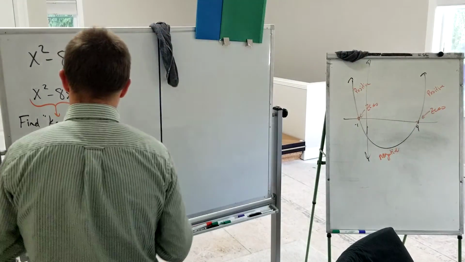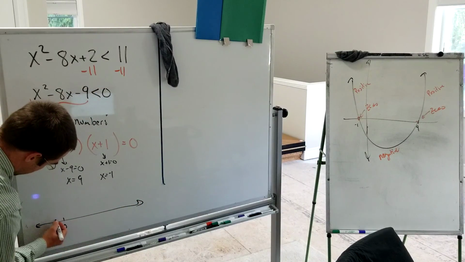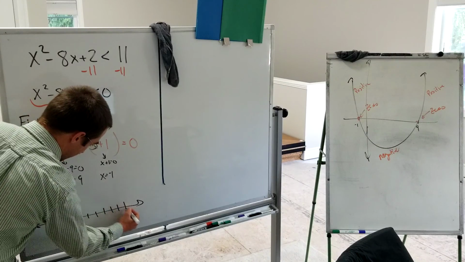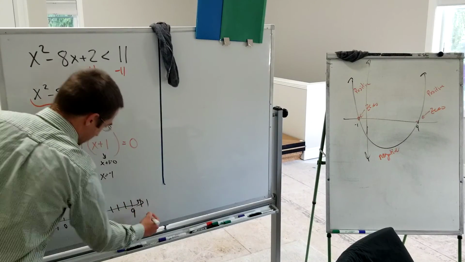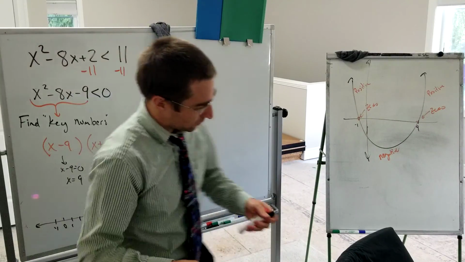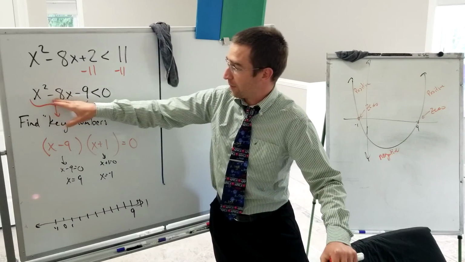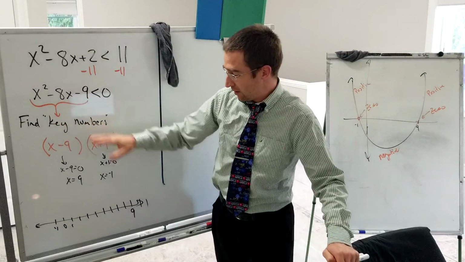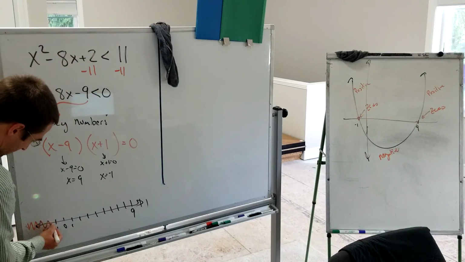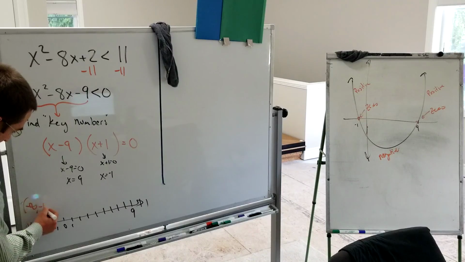So basically, we have a number line. We have 0, negative 1, 1, 2, 3, 4, 5, 6, 7, 8, 9. On that number line, this function, x squared minus 8x minus 9, could be either positive or negative on the interval from negative infinity to negative 1.